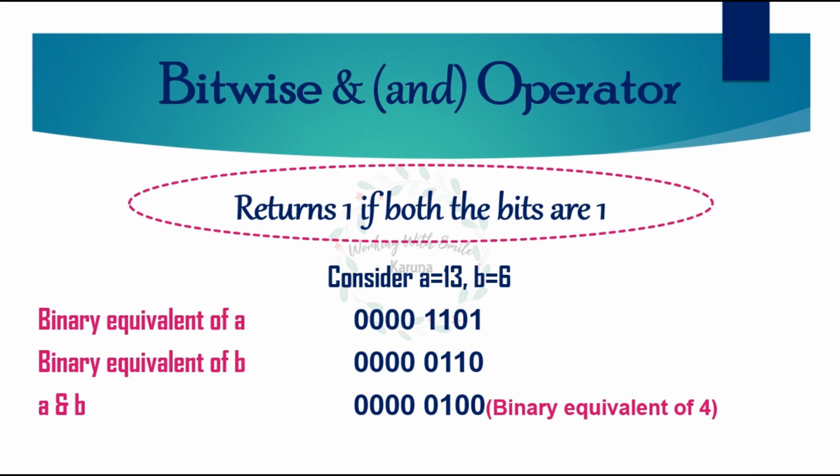From right side, if I see the bit of A, it is 1 and B is 0, results into a 0 bit. The second bit for A and B is 0, 1, again a 0 answer. But in the third place, both A and B are having their bit as 1, which will result into the 1 value in the final answer, which means wherever the bits are 1 for both the operands, it will result into a 1 binary digit, otherwise it will give a 0 binary digit.